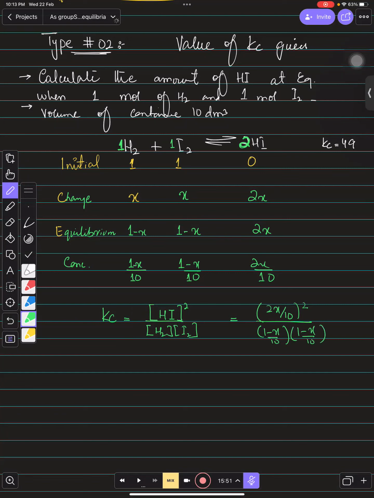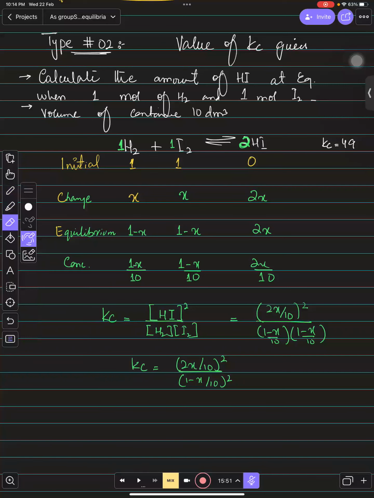We can even write it like this: 2x over 10 whole squared, over 1 minus x over 10 whole squared. Can I write like this, Bacho? Yes, sir. And can I write the value of Kc over here, which is 49? Right.